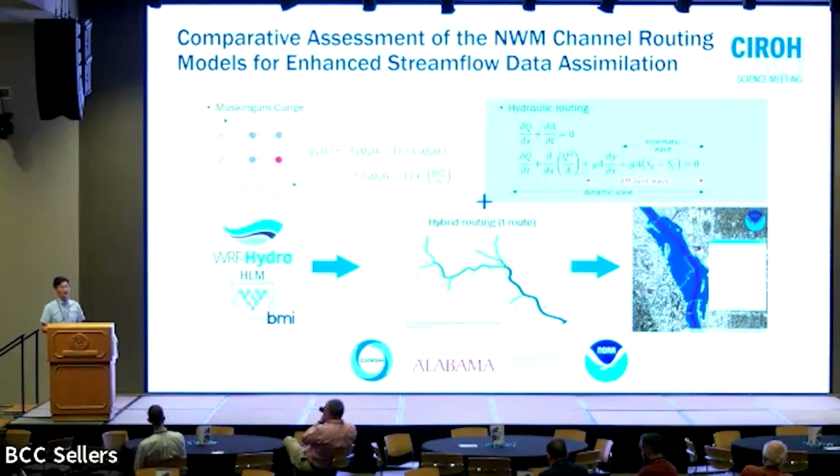Our main interest is to see the performance or capability of this T-route model with streamflow simulation, because the current assimilation scheme with the Muskingum-Cunge method just propagates downstream only. Another important aspect of this project is to connect the results from the channel routing models with FIM approaches, so we can account for how that hydraulic routing scheme changes the inundating areas. Thank you.